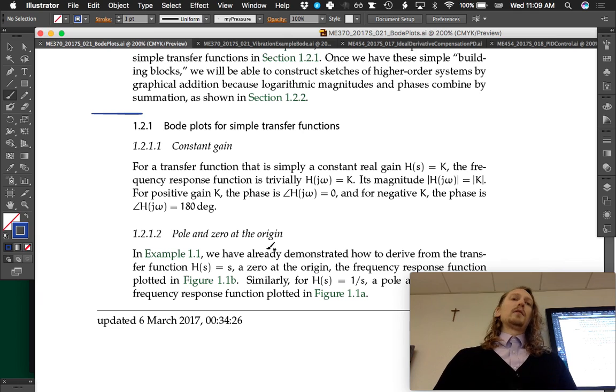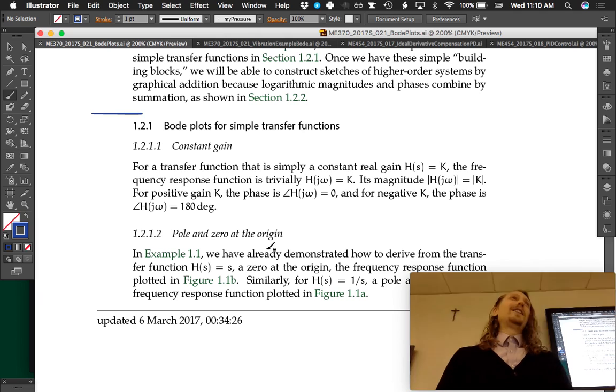Okay, so let's do the easiest one first, the constant gain. That is a transfer function. You could multiply the input by 5, and you could get an output, right? That's a transfer function. It doesn't depend on s at all, so if you plug in s equals j omega, does it change what 5 is?